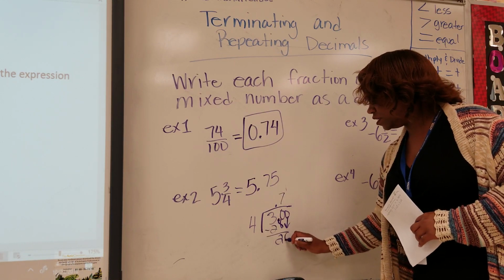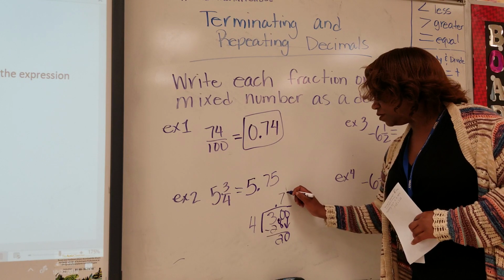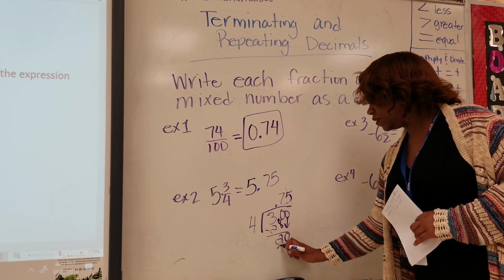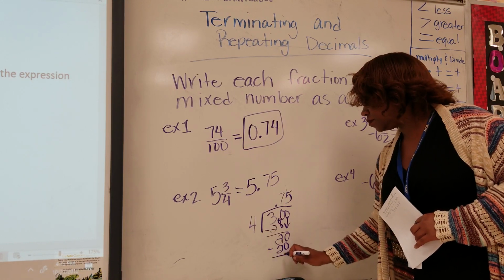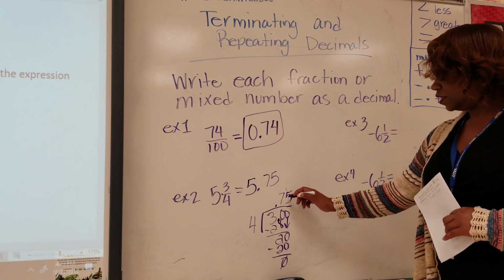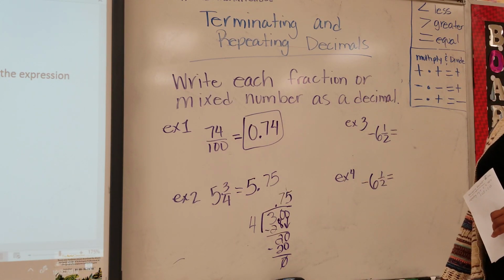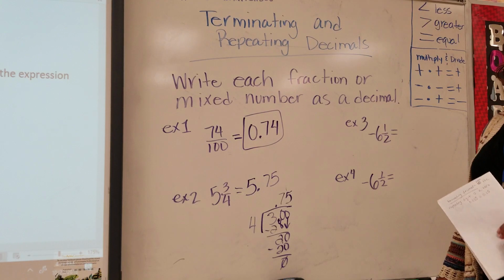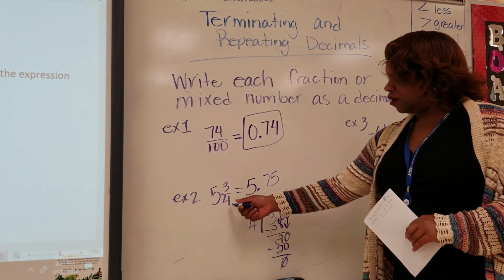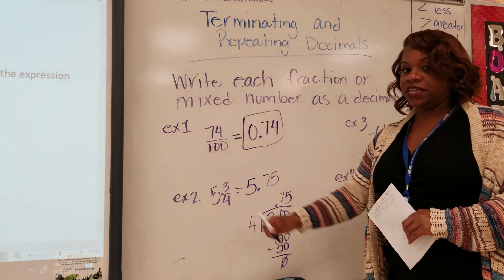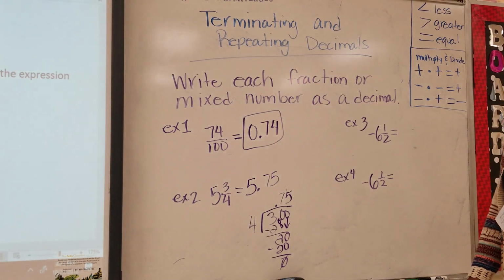We bring down the 0. 4 does go into 20. 5 times, 4 times 5 is 20. So you still get your 0.75. Now remember, the quarters, it only works if you have 4 in the denominator, okay?